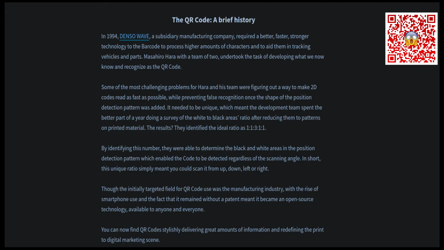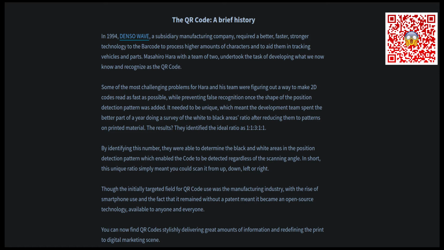Some of the most challenging problems for Hara and his team were figuring out a way to make 2D code read as fast as possible while preventing false recognition once the shape of the position detection pattern was added.